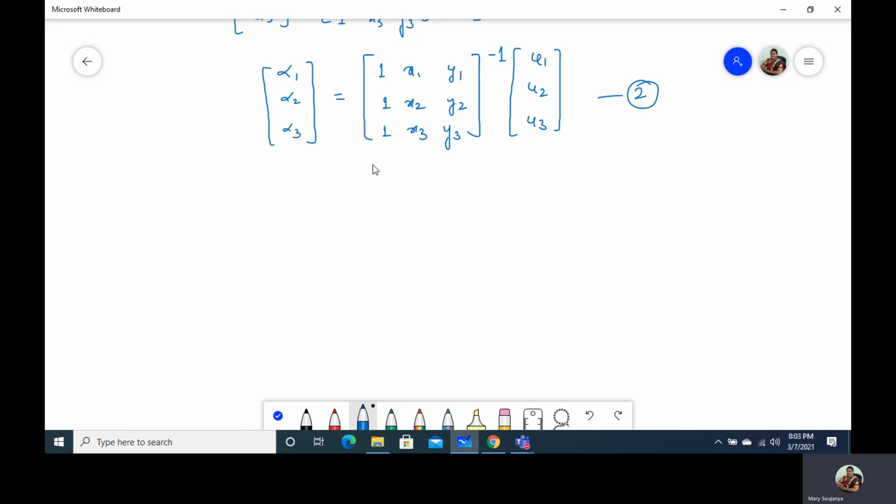Now we have a matrix here whose inverse has to be found. So if we consider this as the X matrix, the inverse of this matrix is the adjoint of the matrix divided by the determinant of the matrix.